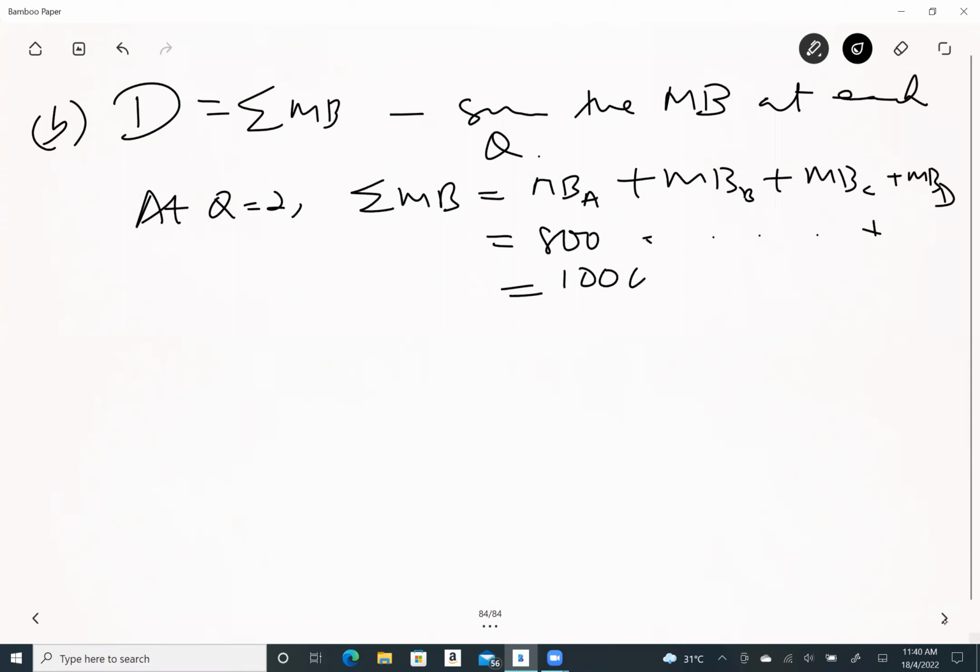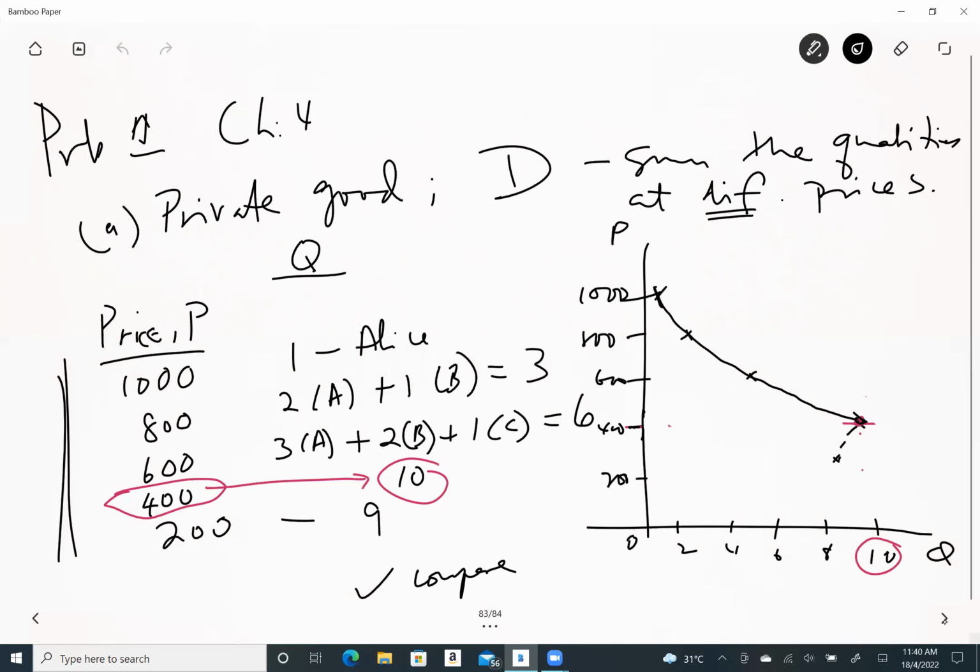Now for C, if the marginal social cost of the good is 2,000, what is the efficient output if it is a private good? So we go back to the graph that we drew in part A. Actually, that graph is for C; for A, we only need that table. That's the graph.